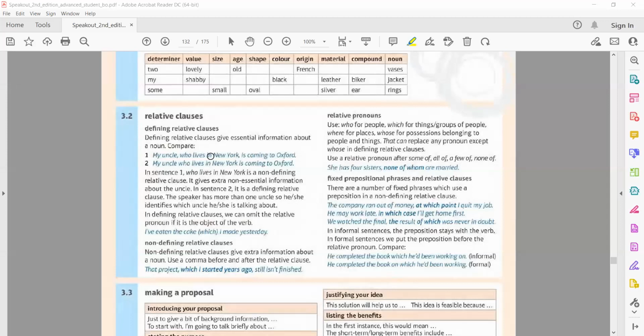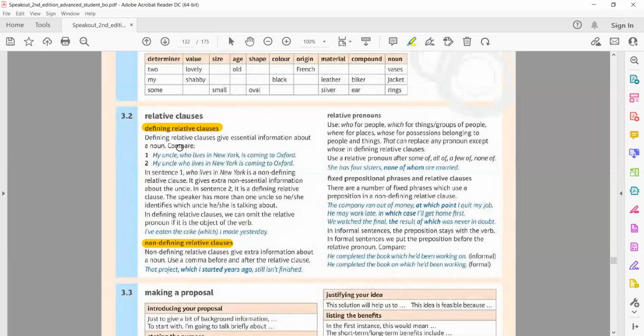First of all, we should understand that we have two types of relative clauses. The first one is called defining relative clauses, and the second one is non-defining relative clauses. What's the main difference between them?